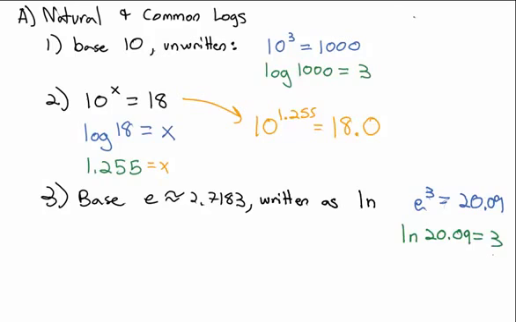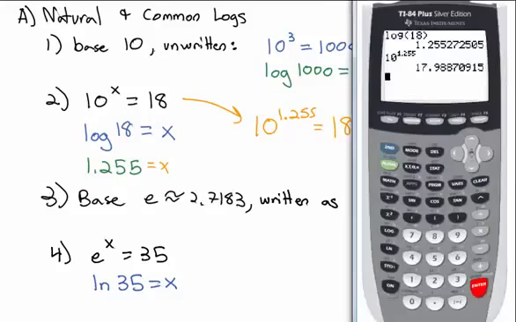So no base written. Natural log implies the base is E. And that allows us to solve problems like e to the x equals 35. Because we have to just change that to a log, and because the base is e, we'll write it's a natural log of 35 is equal to the x.